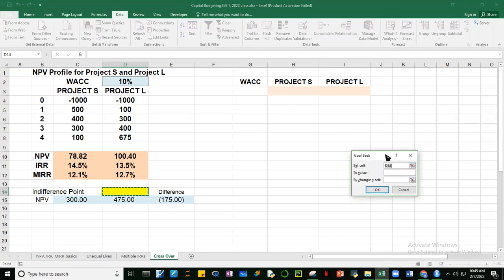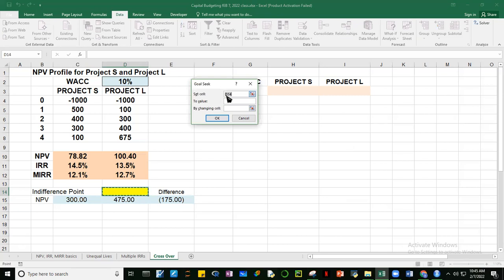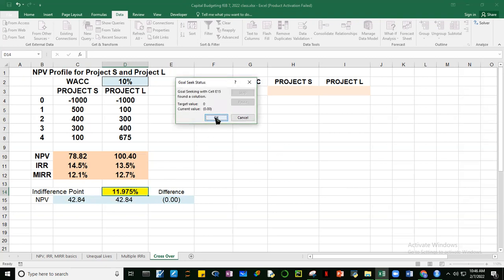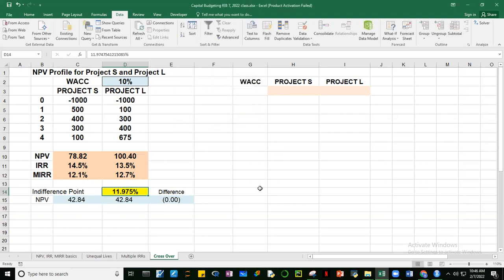Okay, ano yung goal seek natin? Okay, set cell, this one, yung difference to be equal to 0. Okay? So dapat yung difference itong NPV ni S at saka ni NPV ni L, dapat 0 siya by changing this cell. There. Okay. So it turns out that yung indifference point natin 11.975%.